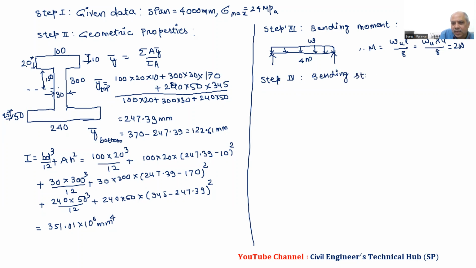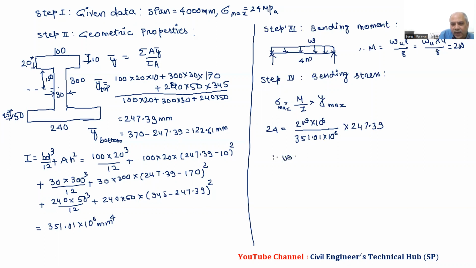Bending stress. Sigma is equal to M by I into, always keep in mind, this will be Y max. And then we have 24 is equal to M, we have 2W into 10 raised to 6. If we say this will be sigma max, then this should be Y max, upon I, we have 351.01 into 10 raised to 6. And Y max we have Y top, which is 247.39.